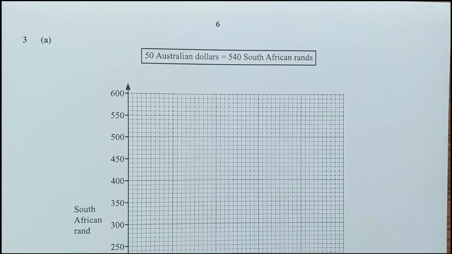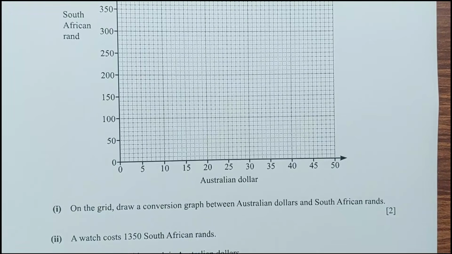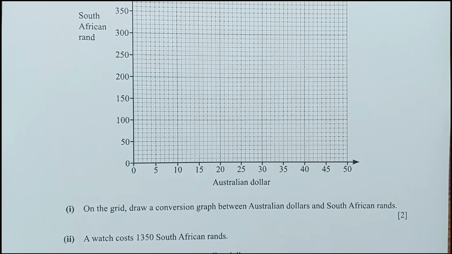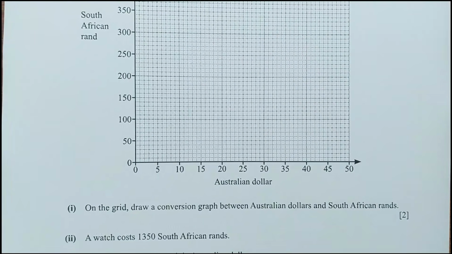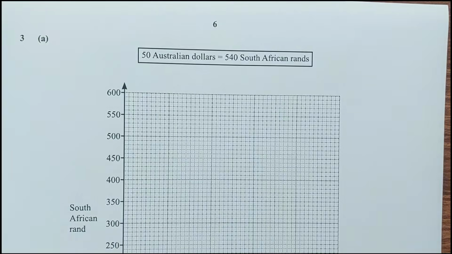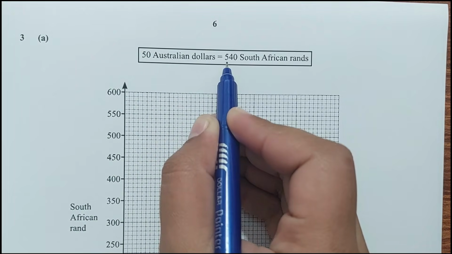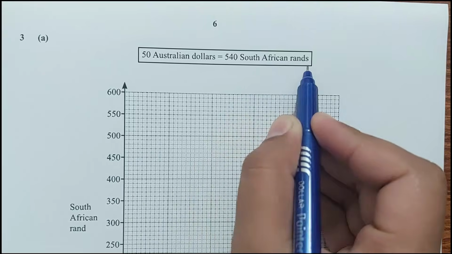Question number 3, part A. Number 1, on the grid, draw a conversion graph between Australian dollars and South African rands. So the conversion is 50 Australian dollars is equivalent to 540 South African rands.